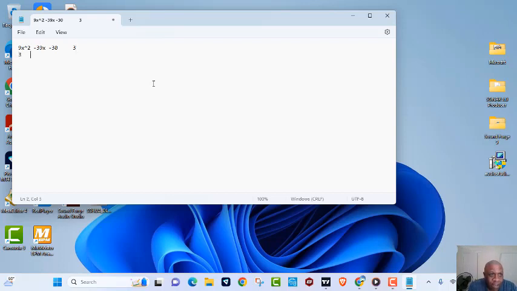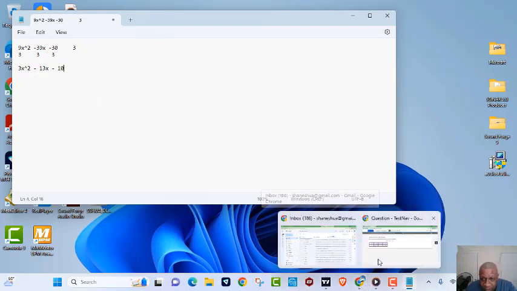And if we divided each one of these numbers by 3, what we should get is 3x squared minus 13x minus 10. So we already have the 3 factored out. Now we have this 3x squared minus 13x minus 10. Hey, sometimes you got to improvise.